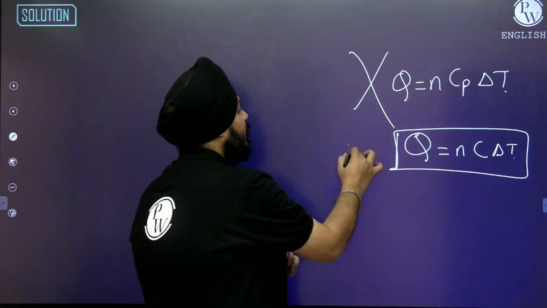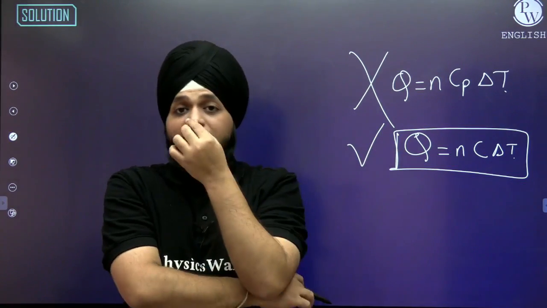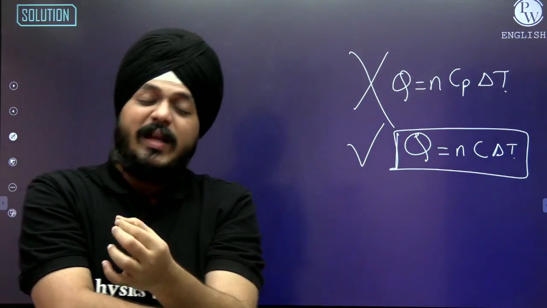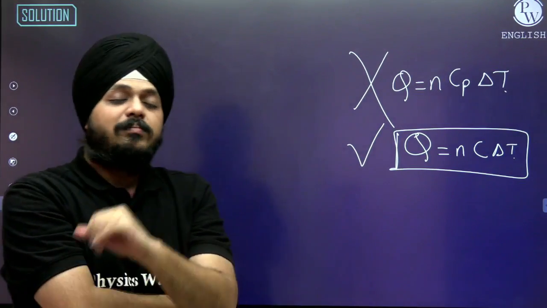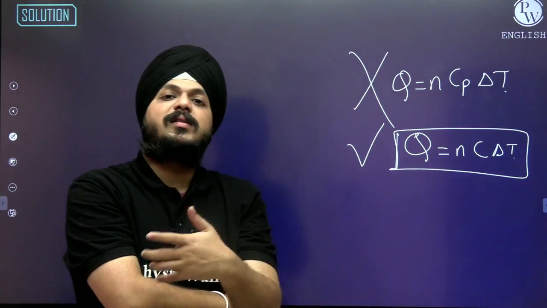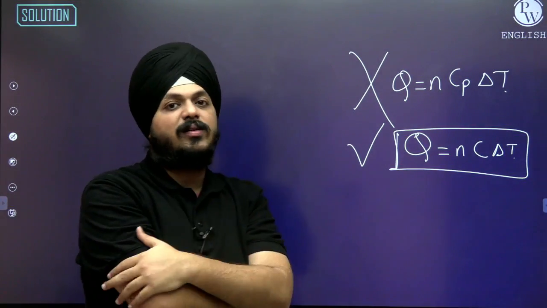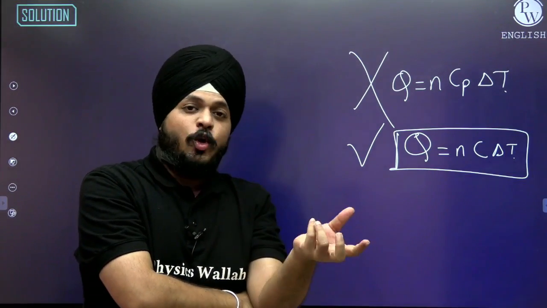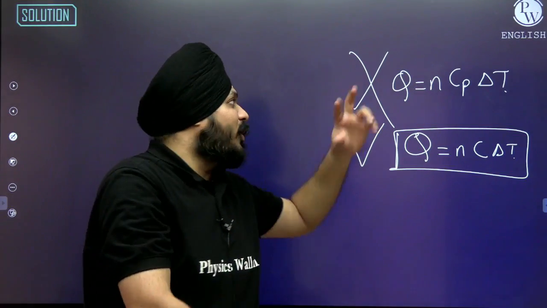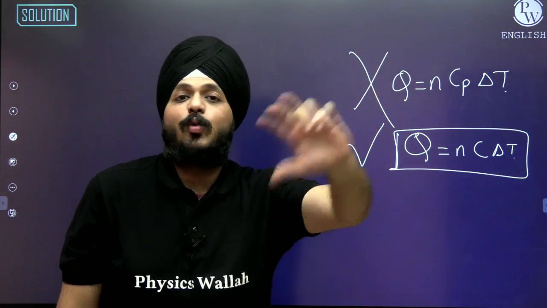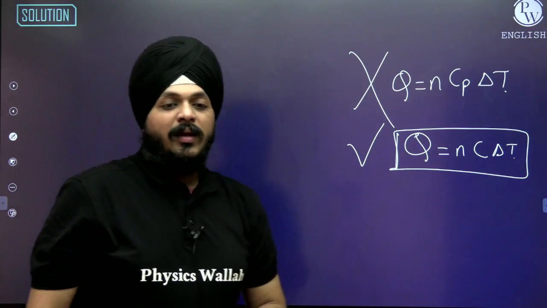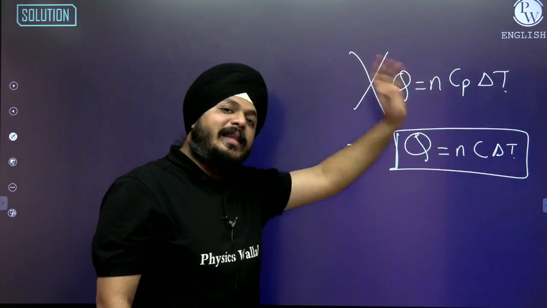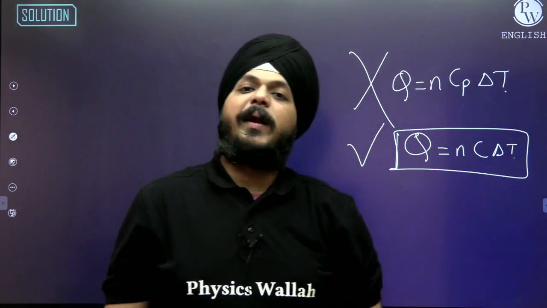This is the correct one. But if anything is going at constant pressure, then we write this equation. If anything is going at constant volume, work done is zero, then according to the first law of thermodynamics, we write Q as delta U. The general statement is this, and then it varies depending on the application.